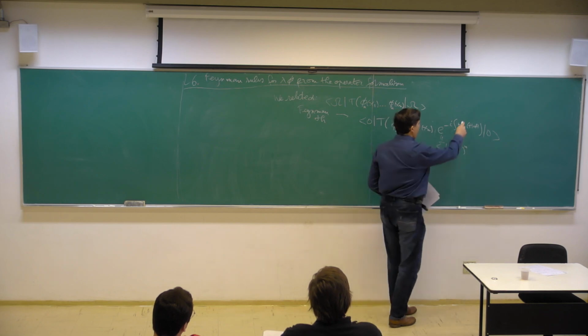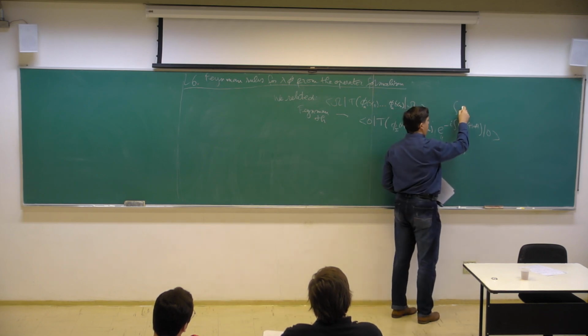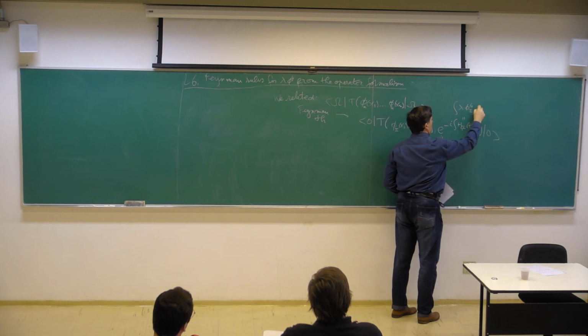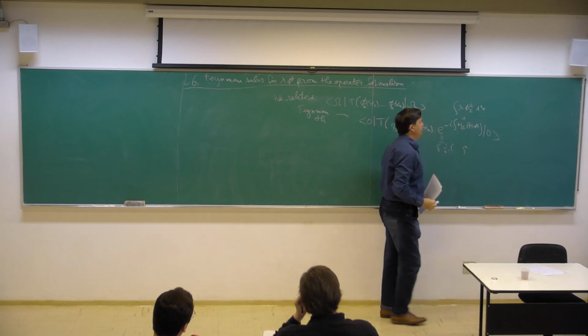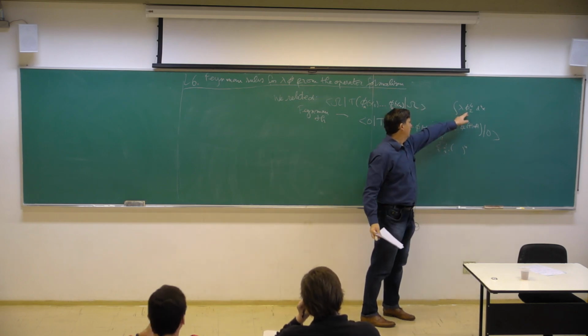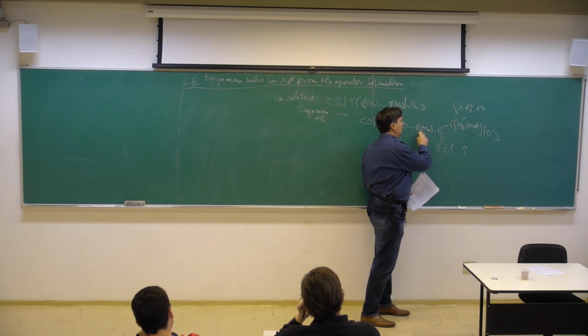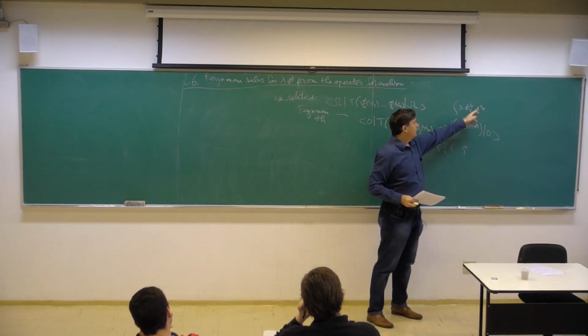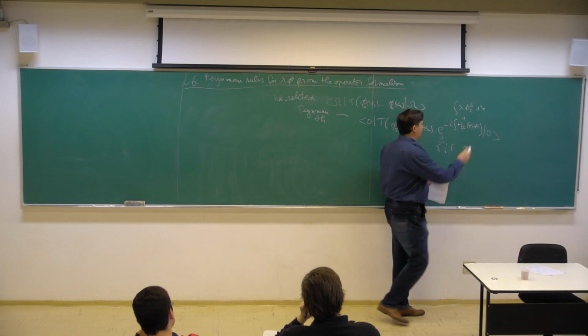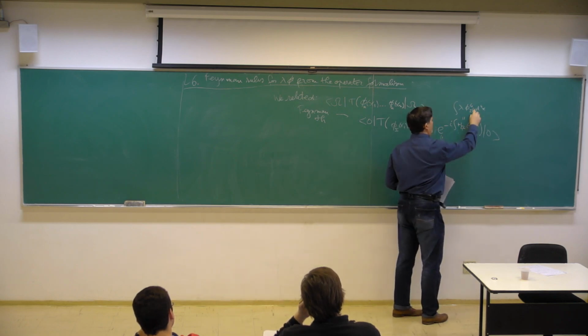And the interacting Hamiltonian in the interaction picture was lambda phi 4, the interaction picture field, integrated over x. So this was at some position x, integrated over.